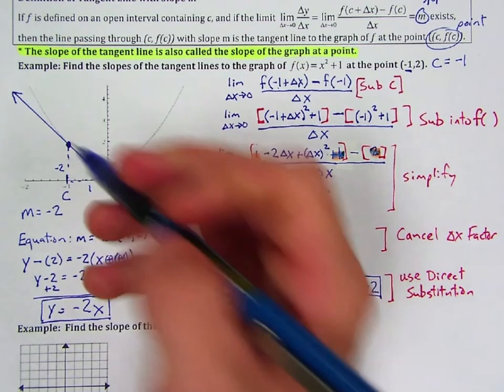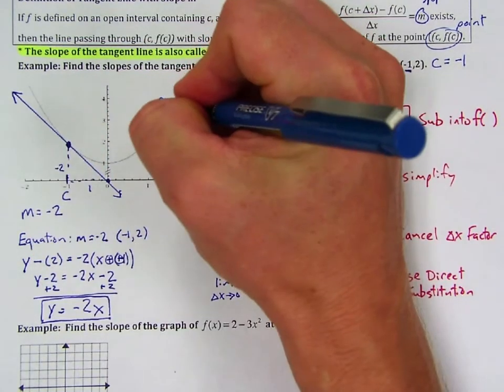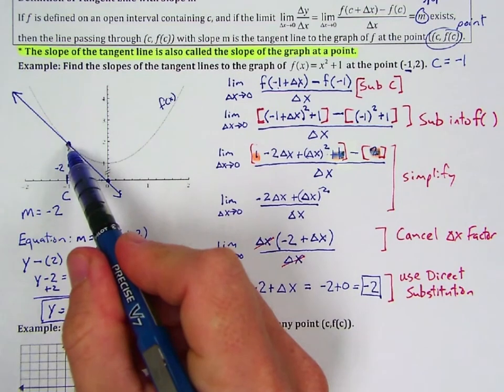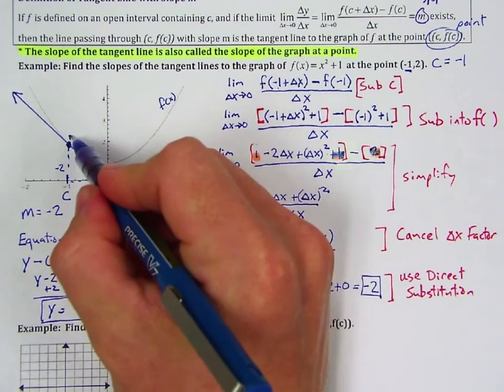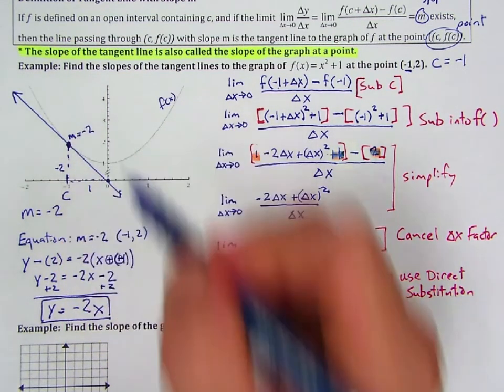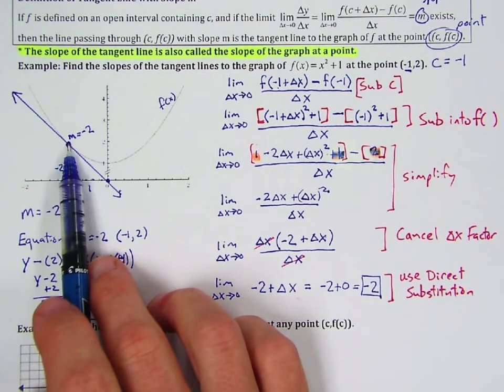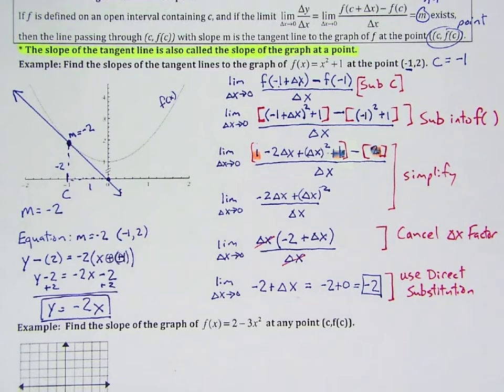Now what's also true of the graph of f of x at this point is that the slope is negative 2. So at this point we know our slope is decreasing by negative 2. All right, let's move on to our next example.